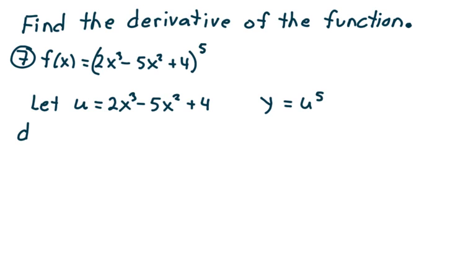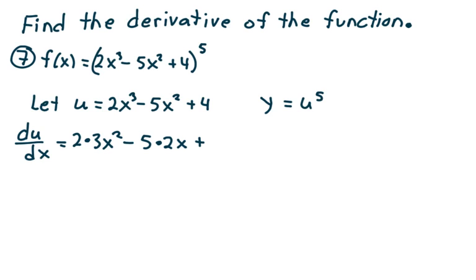Now, du/dx is 2 times, and here I'm just applying the power rule. Now, the derivative of x cubed is 3x squared. And so we get 2 times 3x squared minus 5 times the derivative of x squared, which is 2x.